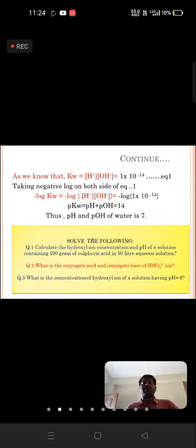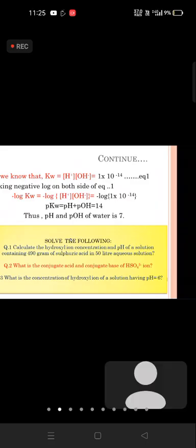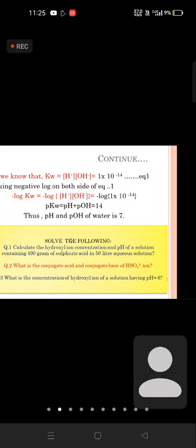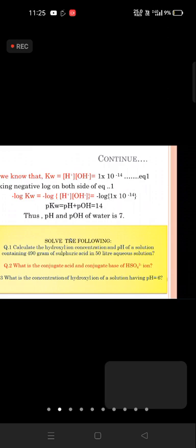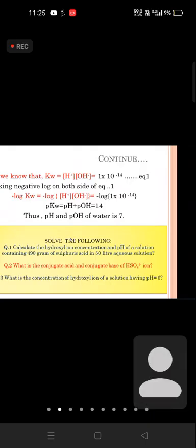What is the concentration of hydroxyl ion of a solution having pH 6? Question number 3. pH is 6, but you have to calculate the concentration of hydroxyl ion. As pH is 6, that means concentration of H plus is 10 to the power minus 6.